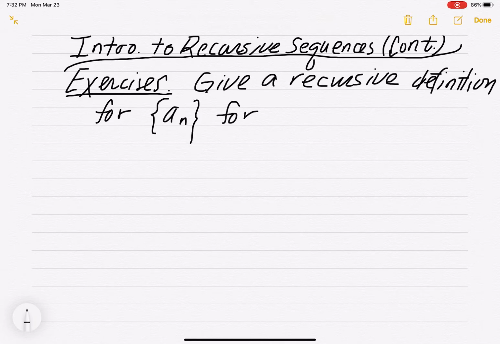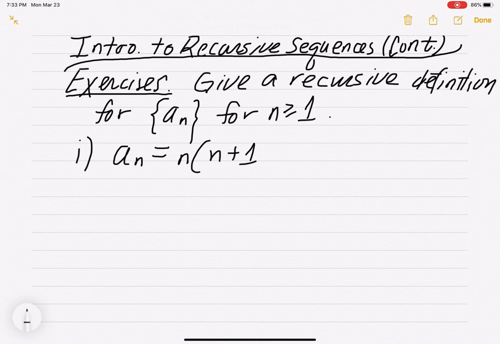This is when n is greater than or equal to 1. So here I go. I'm going to have a sub n is n times n plus 1. And here, remember, n is greater than or equal to 1. So we're going to start by plugging in 1 and then 2 and 3 and so on.